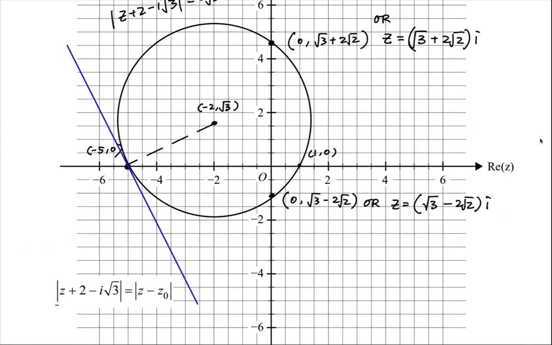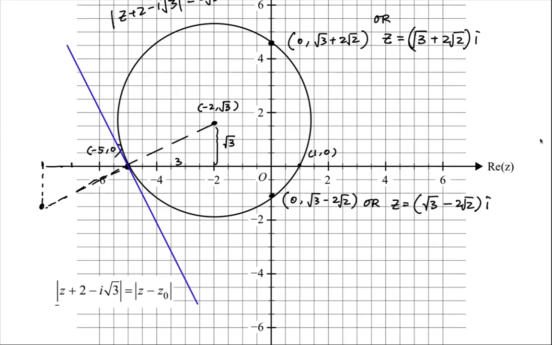So notice this feature. You notice this is root 3. From minus 5 to minus 2, this is 3. So we can actually go back by 3 units to the left, and then go down by an extra root 3 units.